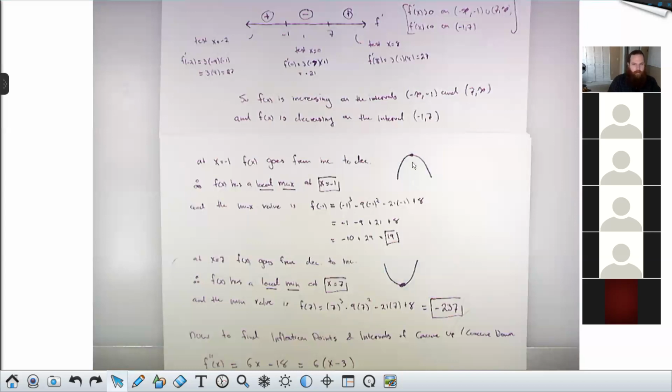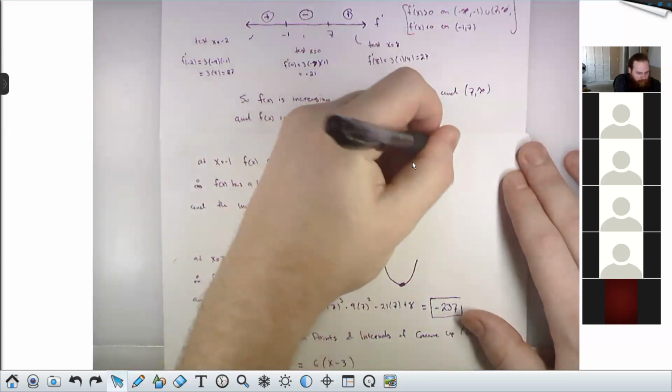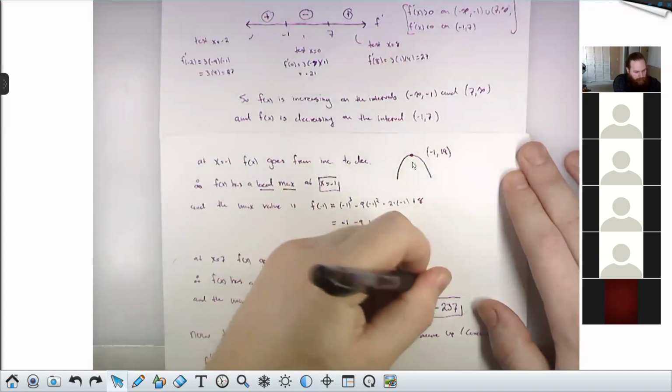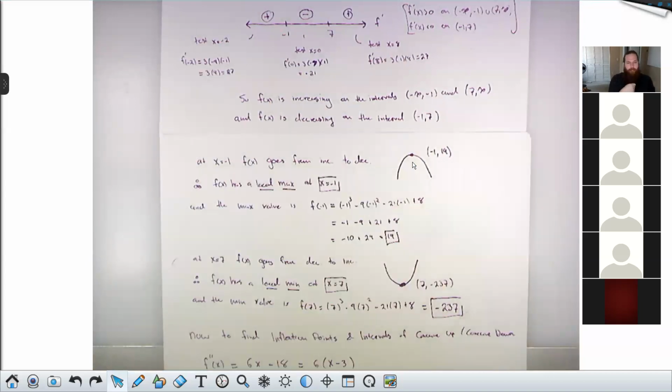This local max here was at the point (-1, 19), and this local min was at the point (7, -237). We found those by taking the critical numbers from the number line, checking whether it's a min or a max based on whether f went from increasing to decreasing or decreasing to increasing, and then plugging those x values into the original function to find the point on the graph.